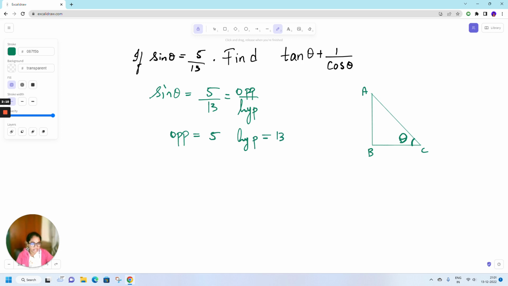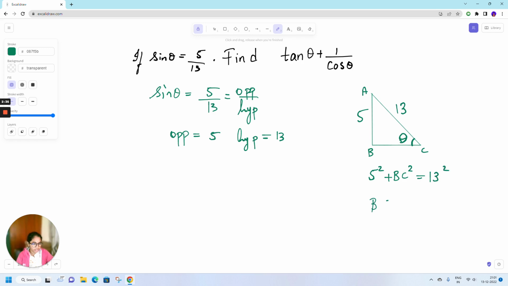In this triangle, the side AB is 5 and AC is 13 because it is the hypotenuse. Now how do we find the side BC? We find it using Pythagoras theorem, that is 5 square plus BC square is equal to 13 square.